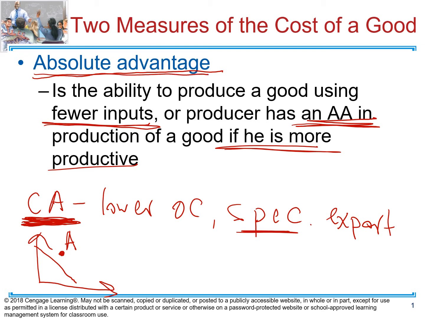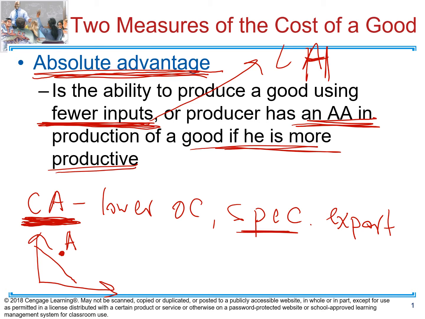This is a country's ability to produce a good using fewer inputs or resources. And usually in our examples, those inputs are labor hours. Or we usually said that a producer has an absolute advantage in a good if the producer is more productive.